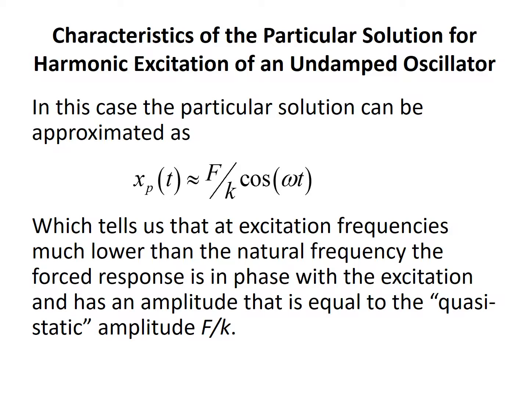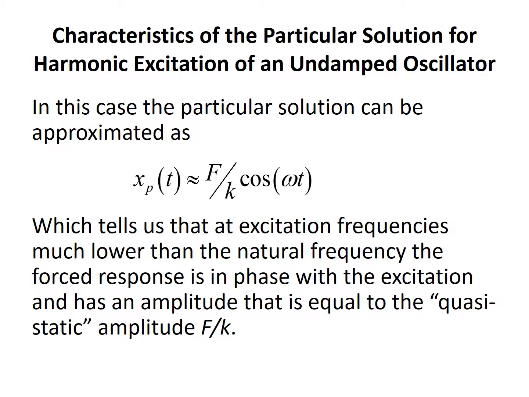Now in this case, the particular solution can be approximated simply as F over k times cosine omega t, and that's because the denominator 1 minus omega squared over omega n squared is approximately equal to 1.